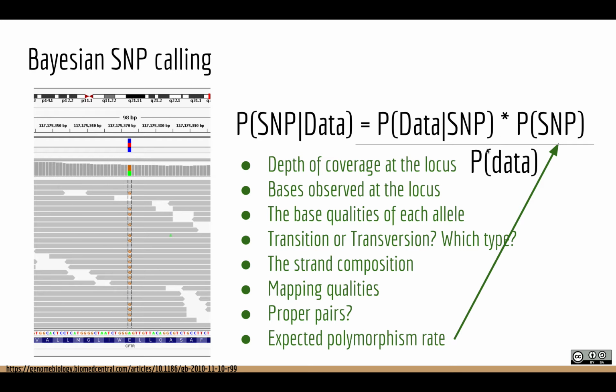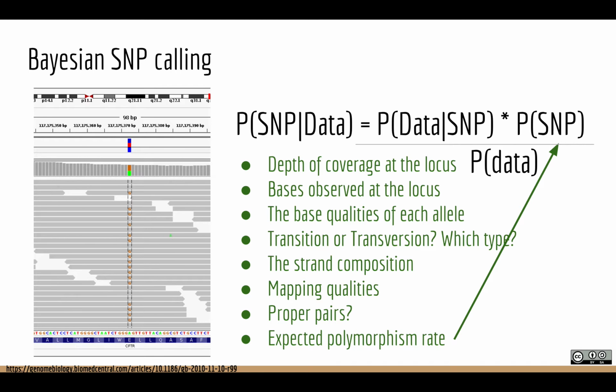So then we talked about the probability of the data, and that's baking in all these other probabilities. The base qualities, what type of variant it is. We know that transitions occur in the human genome, and most genomes, about 2 times as frequently as transversions.